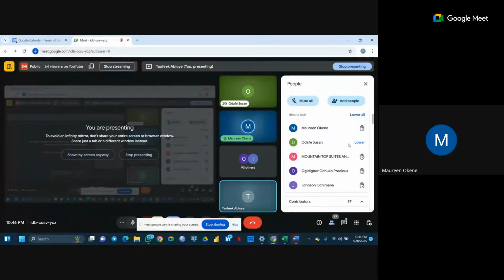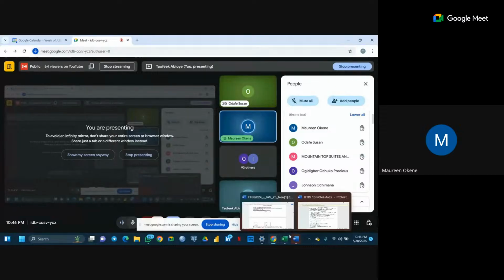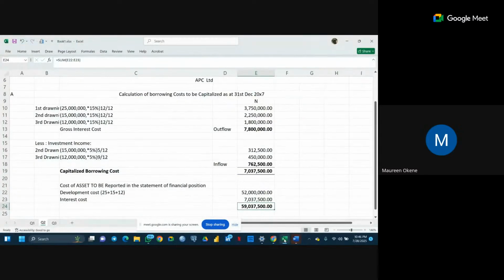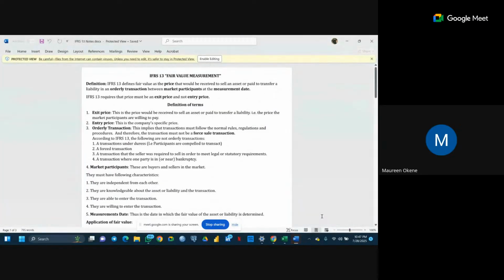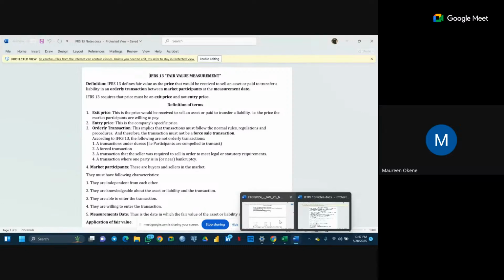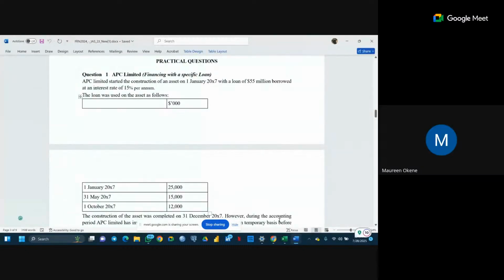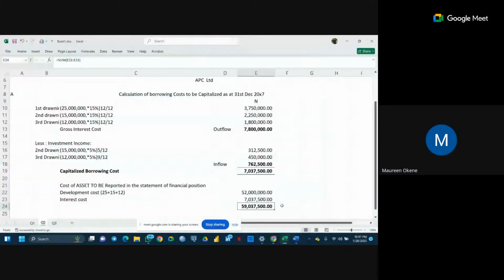Okay, sir. I have two questions here. The first one is on the calculation of the borrowing cost. In the slide that you shared, you said capitalization commences when expenditure for the asset is being incurred. So when you were calculating the first drawdown, you did 12/12, meaning because it was taken in January.